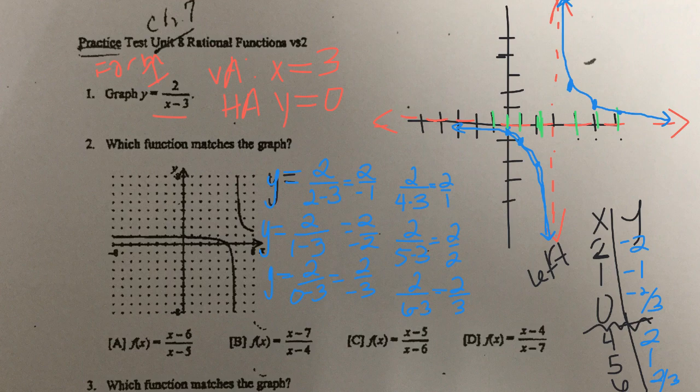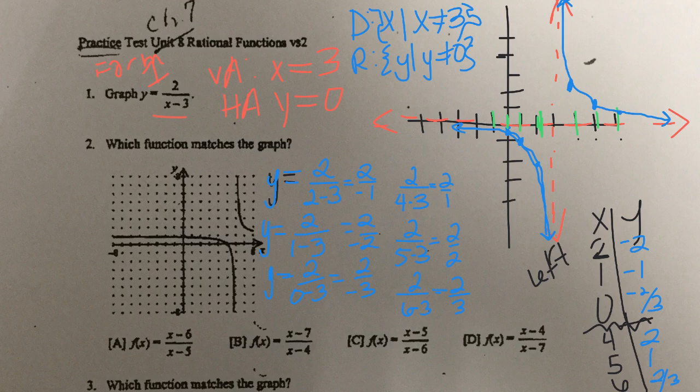If we were to ask for the domain and range, the domain is x such that x cannot equal 3, and the range is y such that y cannot equal 0. So our domain and range are based on our asymptotes, what x cannot equal, and that's what creates those vertical asymptotes and horizontal asymptotes.